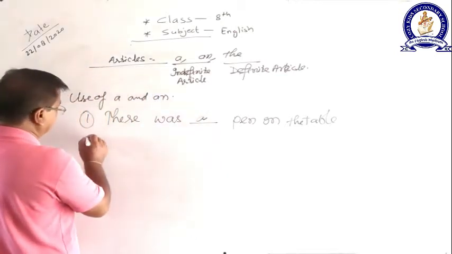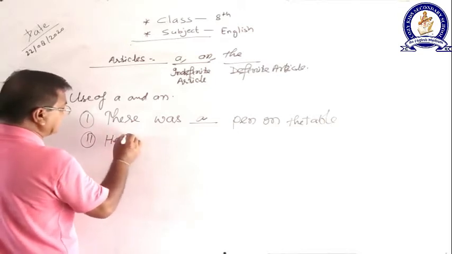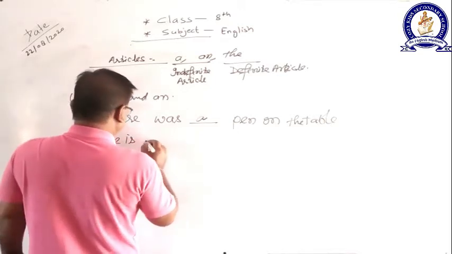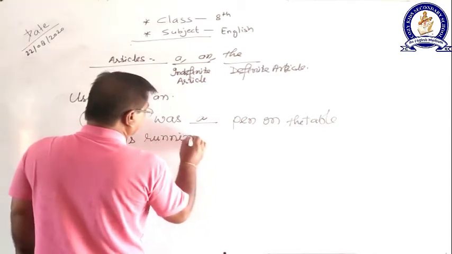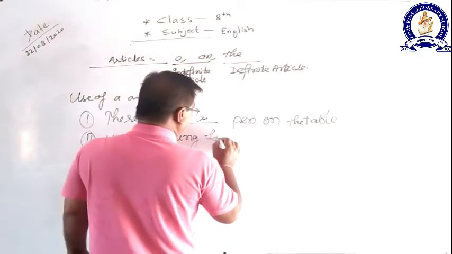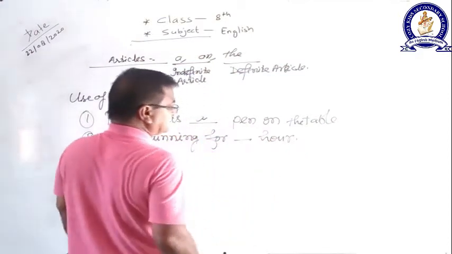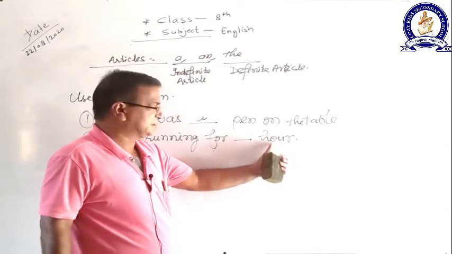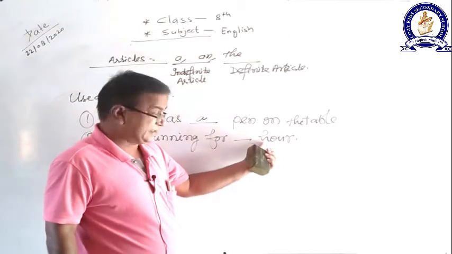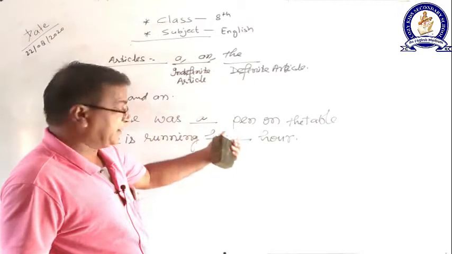For example, second: He is running for an hour. Listen, look here. This particular word is hour. It is starting with H, a consonant, but which article, a or an, will be applicable here?